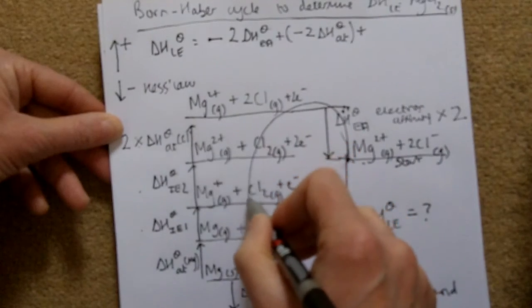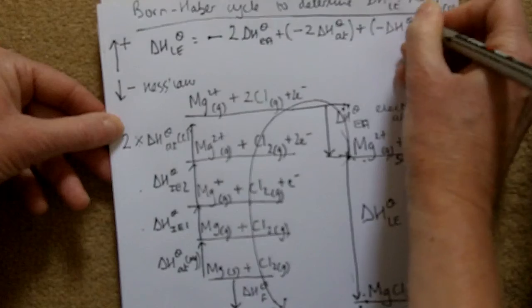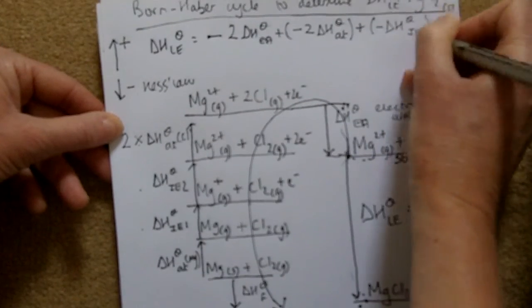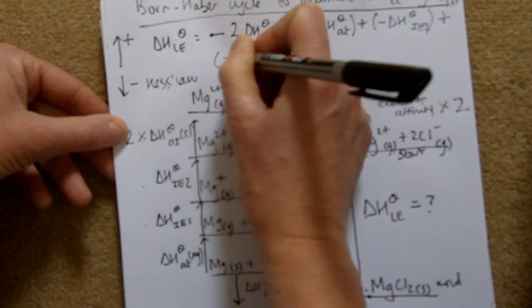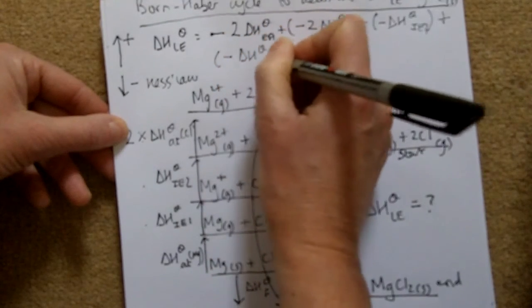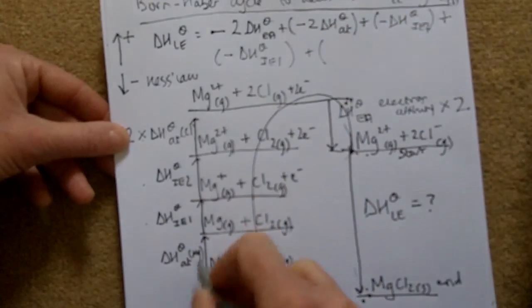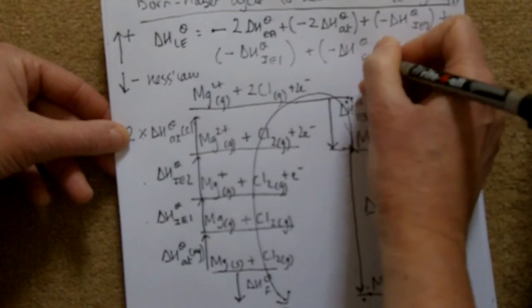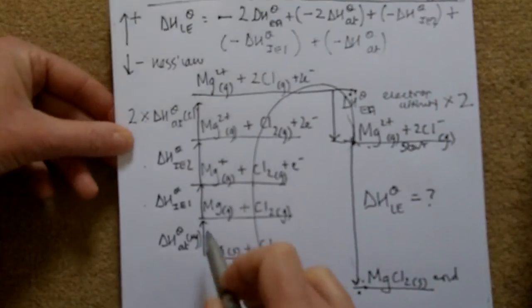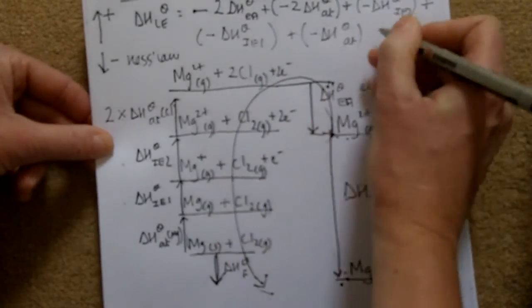And the arrow's going in the wrong direction, so we need to go minus second ionization energy. And we need to go down minus first ionization energy. And we need to go atomization of magnesium, and we need to change the sign, minus atomization of magnesium. And then finally, this one is in the right direction, so we just keep it.